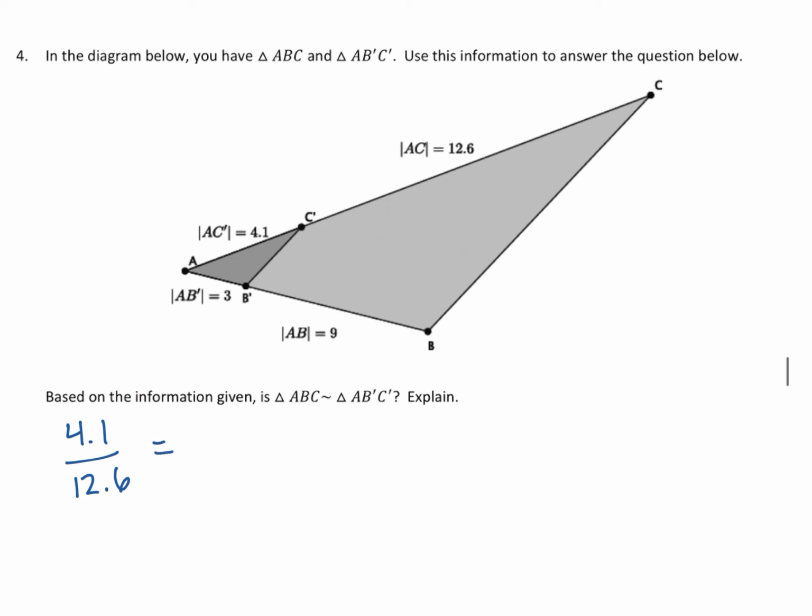So when we figure out what that is equal to, we know 3/9 is going to be a third, so you could rewrite it as 0.3 repeating. And when you do 4.1 and divide that by 12.6, you get 0.325, which is not the same as 3 divided by 9. So no, these are not similar.